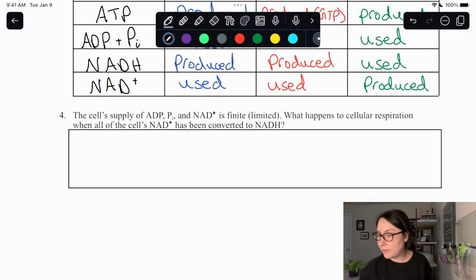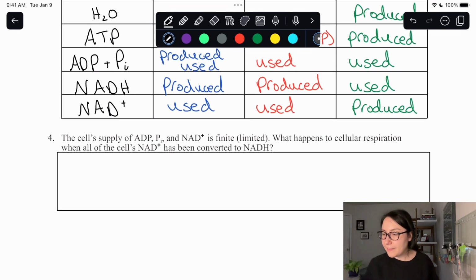Switching back to a black color. The cell supply of ADP, P, and NADH is finite, limited. What happens to cellular respiration when all of the cell's NAD+ has been converted to NADH?